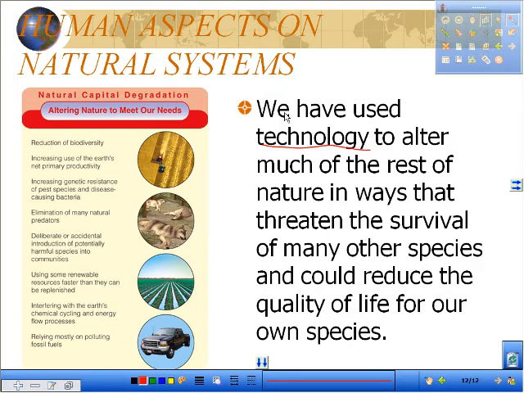So, for example, some of the things that technology has changed: we've reduced biodiversity, we have increased the primary productivity of the earth, perhaps past its carrying capacity, depending on who you talk to. Increasing genetic resistance of pest species and disease-causing bacteria. So we're making strains because we're making all these great medicines that combat disease.